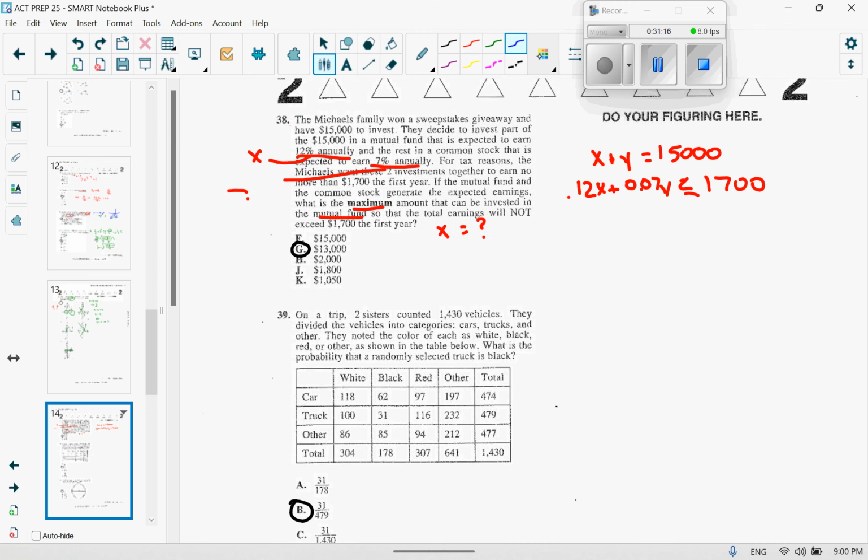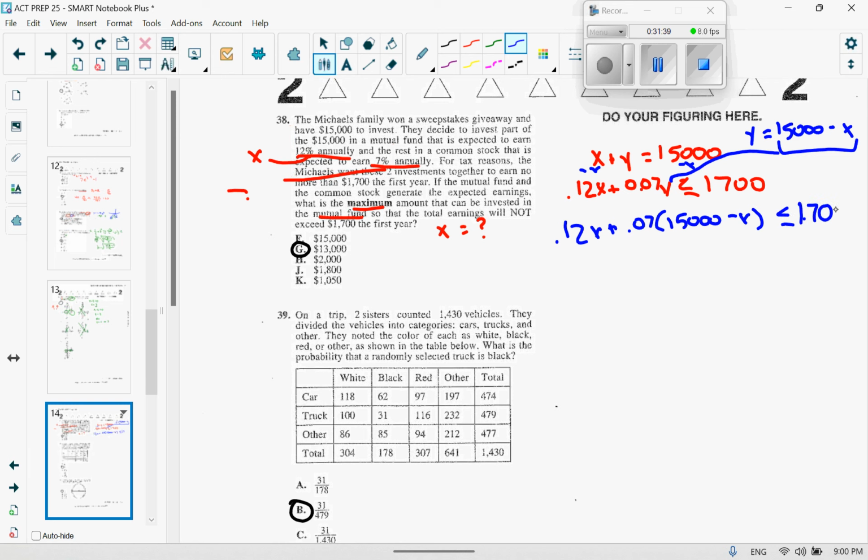Then I just have two variables with two equations, so just systems of equations. Like in minus x, we get y equals 15,000 minus x. I could plug that in for this y, so we'd get 0.12x plus 0.07 times 15,000 minus x less than or equal to 1,700. We could then just distribute this value right there.